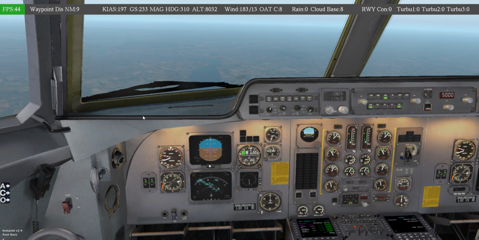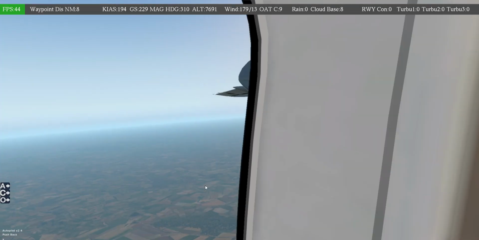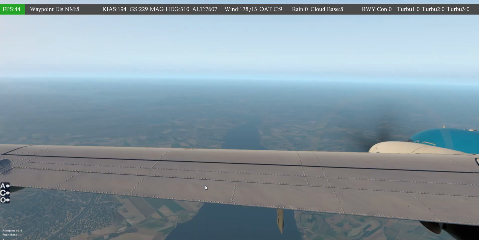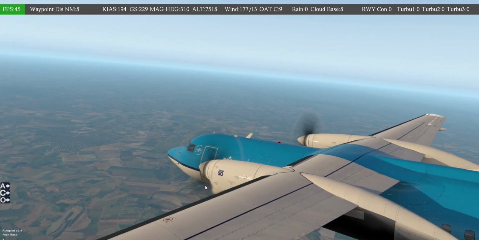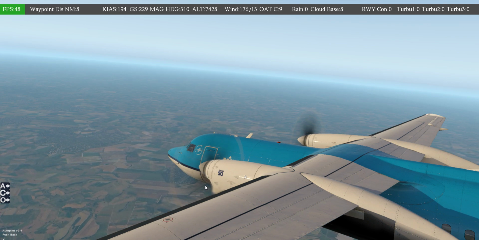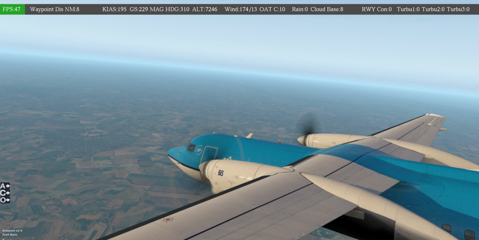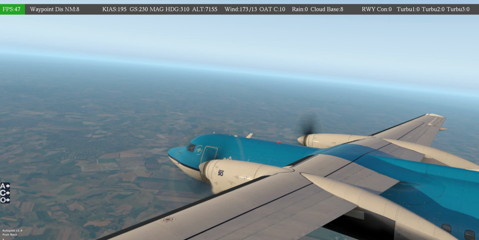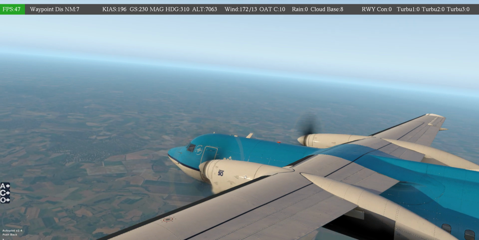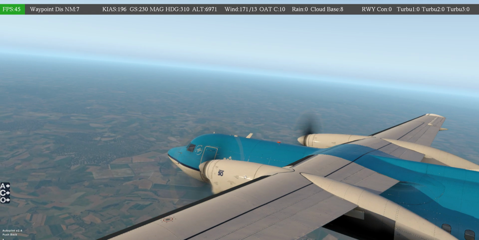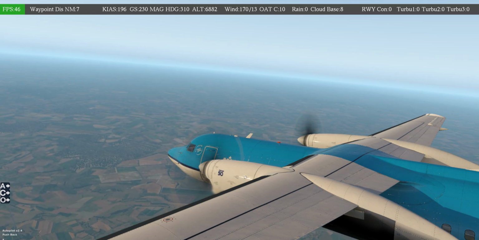Okay. Now we're going to idle throttle here. And getting ourselves ready for our landing here in Aalborg. Weather seems nice. So we have had some nice flying weather along.